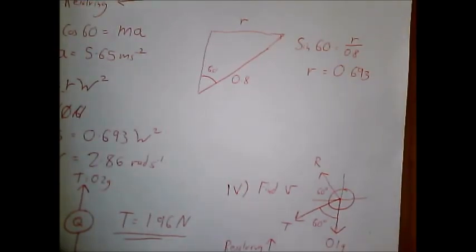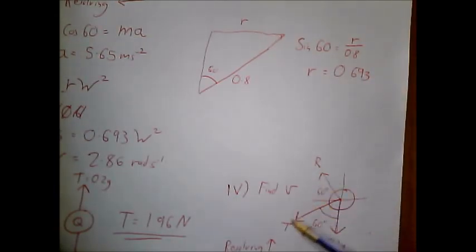R sine 60 will be equal to 0.1 g plus T cosine 60. We know the tension there was 1.96. So the reaction force here is 2.26 newtons.